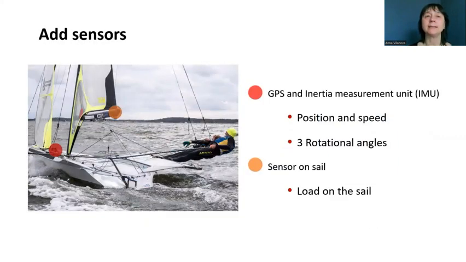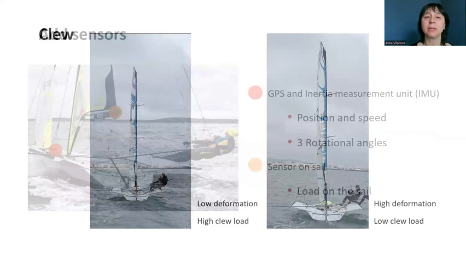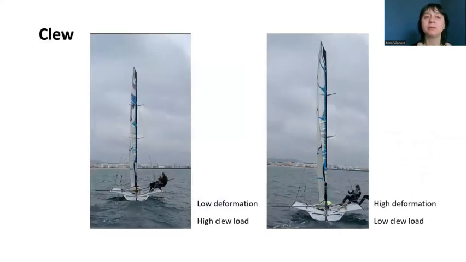There is also a sensor that can be put on the sail because, of course, how the sail behaves is important. This sensor measures the clue, which gives information about the loading of the sail. So if there is a low deformation, usually there is a high clue, and if there is a high deformation of the sail, the clue seems to be commonly low.